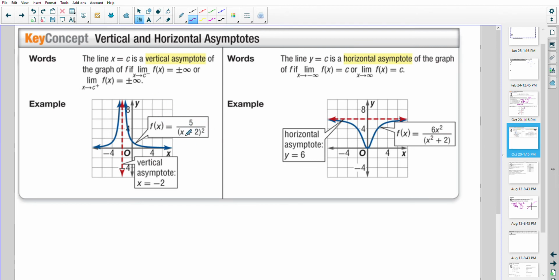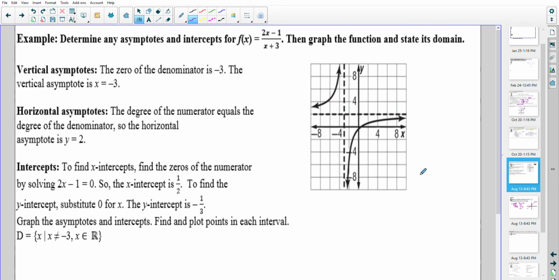Looking at this equation, notice vertical asymptote is where the bottom equals 0, so you're going to have x equals -2. Here, looking at the exponents on top and bottom, they're equal, so you would say the ratio of the coefficients, 6 over 1, y equals 6 is the horizontal asymptote.